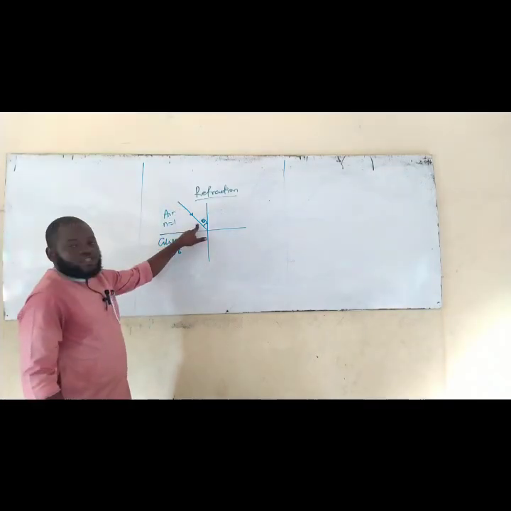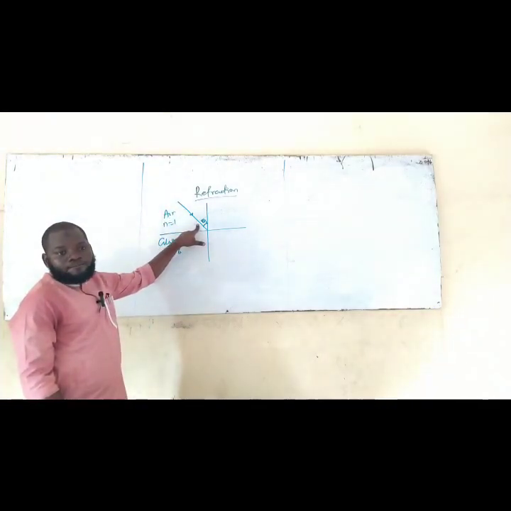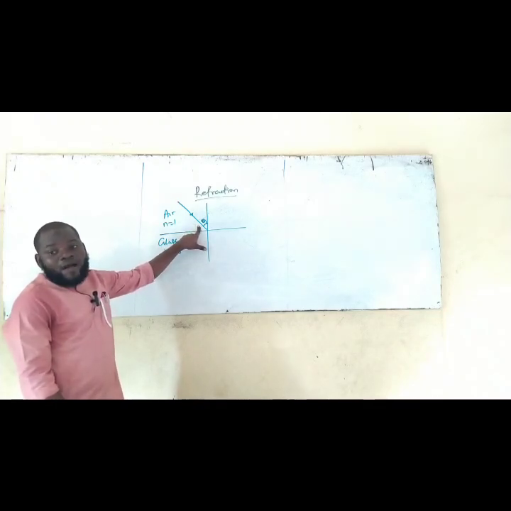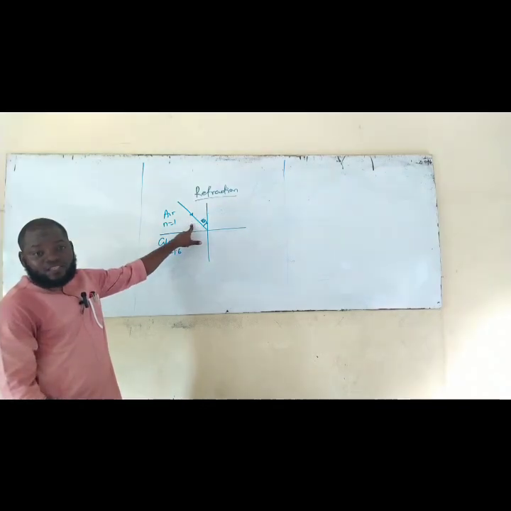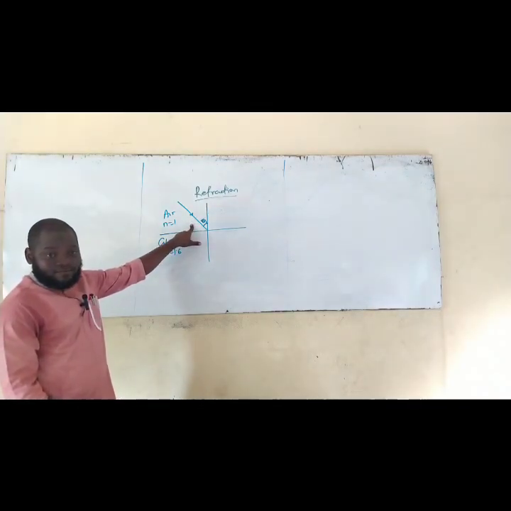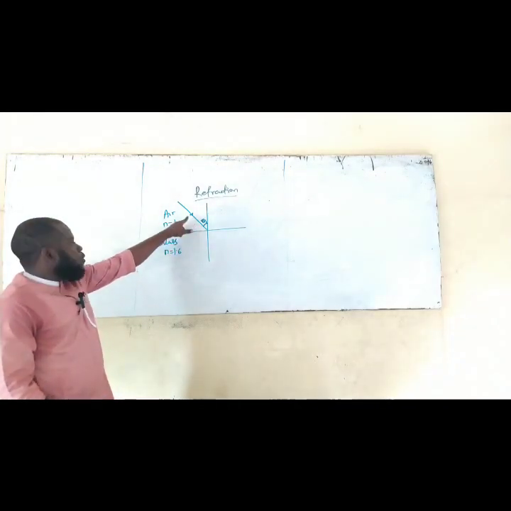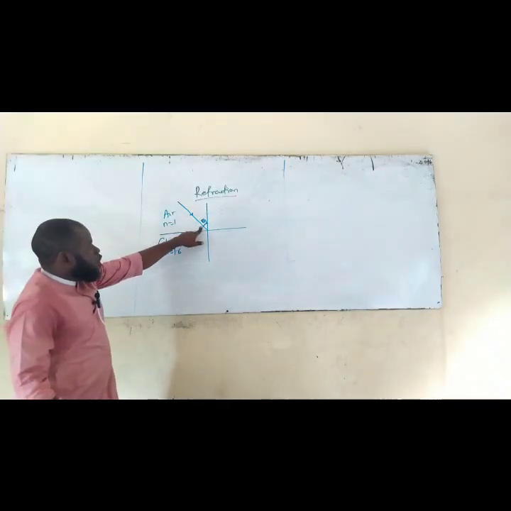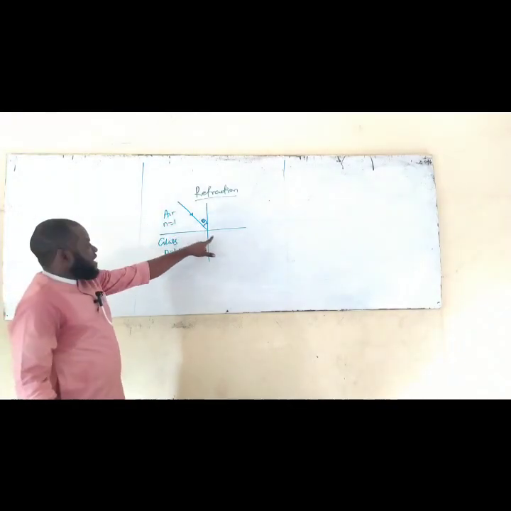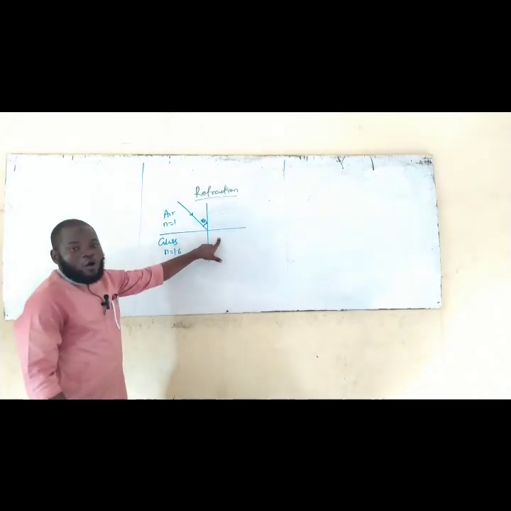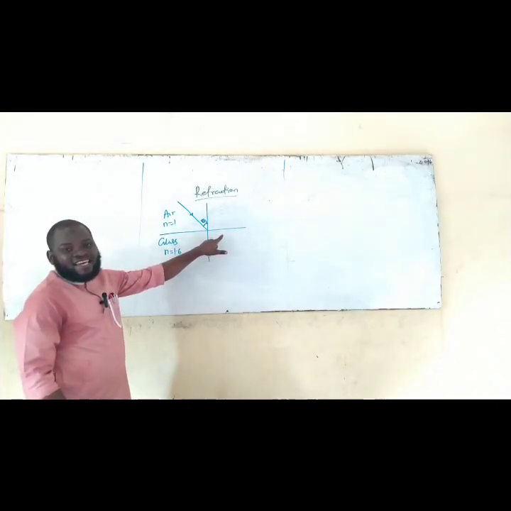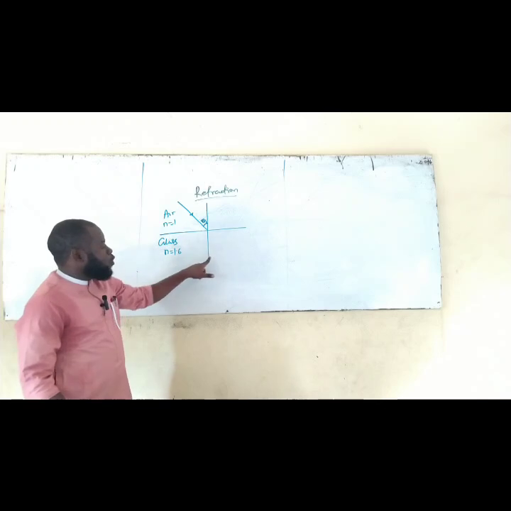Whenever light travels from a region with low refractive index, remember, a region with low refractive index is a region with low density. Are you getting this now? When light travels from a region with a low refractive index and enters into a region with high refractive index, it changes its direction towards the normal.